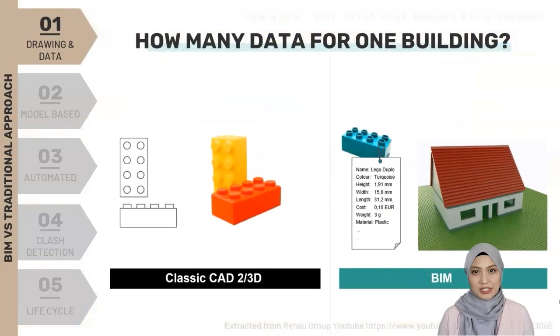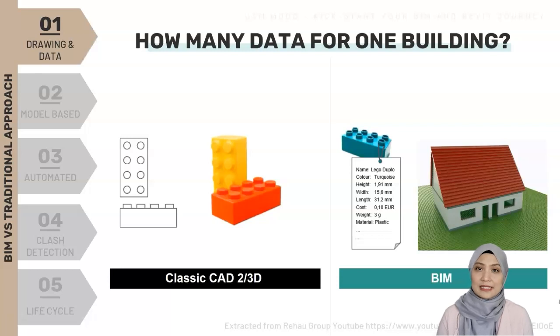In traditional approach, this Lego will be drawn as lines, and we have separate drawings for different views. The 3D produced is more for rendering with no information on the product. In BIM, the Lego is built virtually and contains a set of information. So in one building, there are different sets of information for each building component.